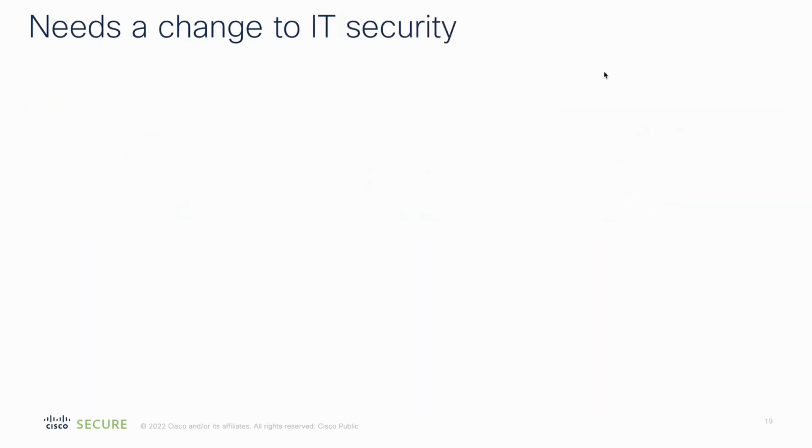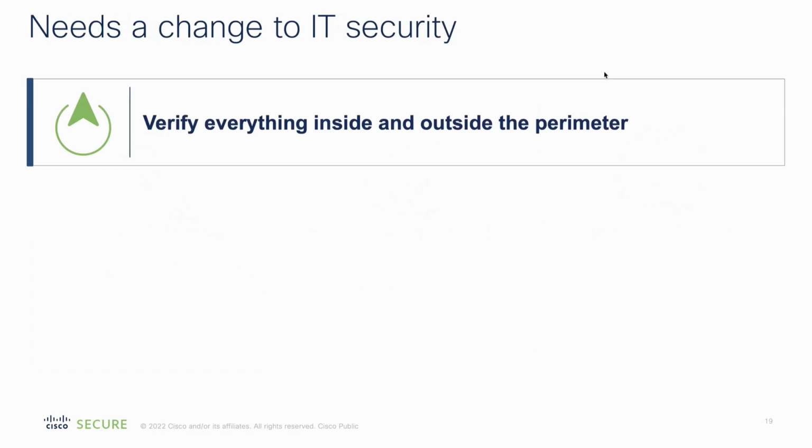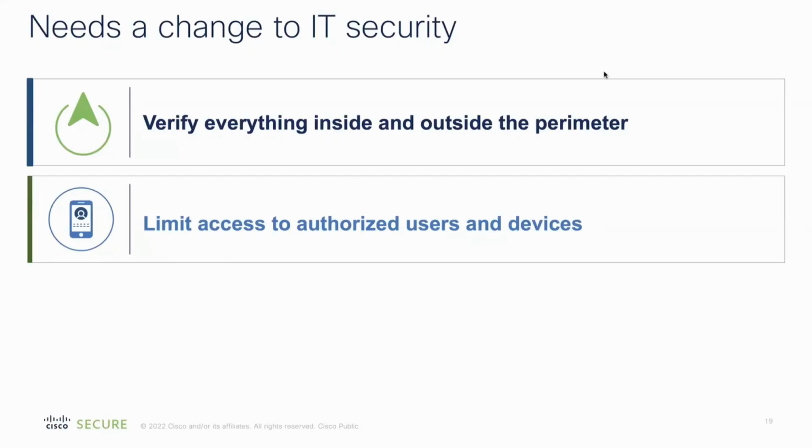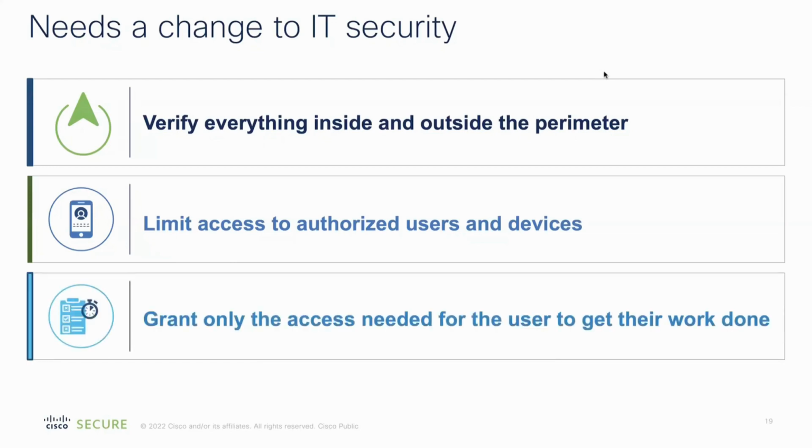You are supposed to verify whatever application and service you're exposing, be it on-prem or off-prem, and protect it. You're supposed to protect the level of authorization given to users and devices at the right time, right place, and with the right privileges, and grant access to the users only until their work is done.